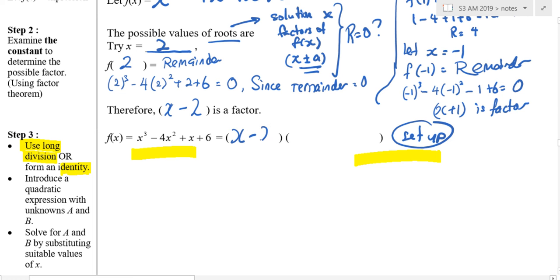x minus 2, x minus 2, ax square, stop. I don't want to break out the news first. I ask you now, if this is x cubed, there is an x here. What must the power here be so that I multiply?